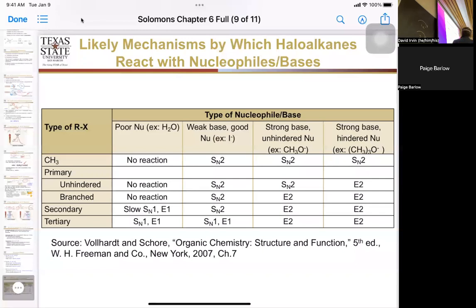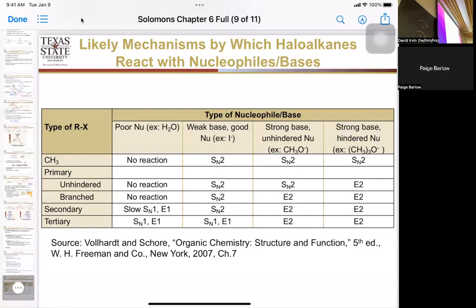Okay, so let's look at the next column here. Methyls and unhindered primaries, meaning like an ethyl group, will undergo substitution reactions because the nucleophilic strength is good enough. But hindered secondaries and tertiaries will only undergo elimination.